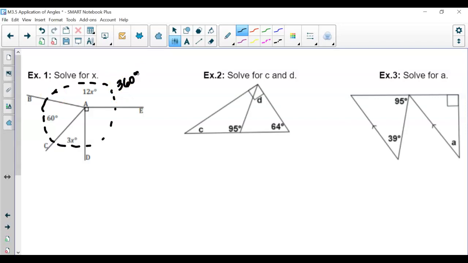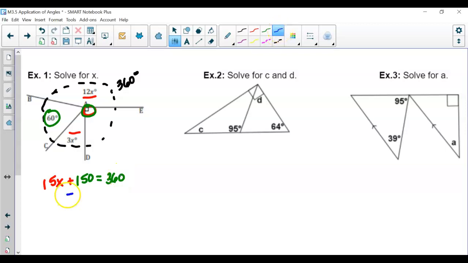Well, we do technically know all angles because of this 90-degree angle here. So combining like terms, 12x plus 3x, which is 15x, plus here we've got 60 plus 90, which is 150. Adding all of these angles up are equal to our full circle, which is 360.